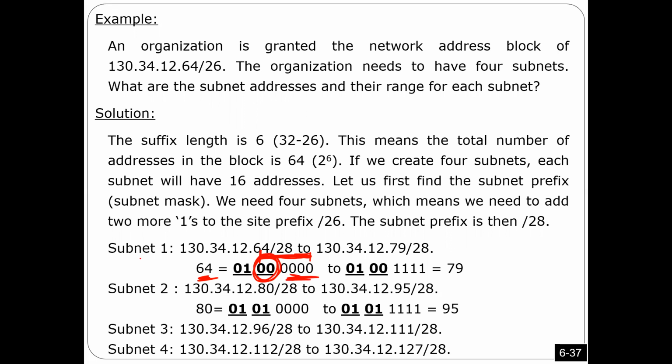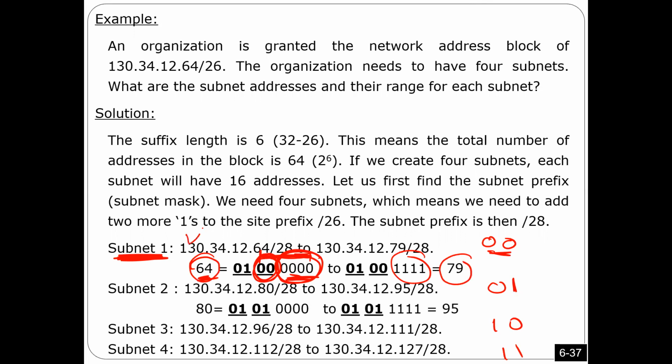For every subnetwork we have 2 bits. In the first subnetwork, the 2 bits are 0, 0. In the second subnetwork, it is number 1, and then number 2, and then number 3. Only 2 bits. For all addresses in this subnetwork, this part is common, 0, 0, and we can change the host ID from 4 zeros to 4 ones. If you do that, you get the range of addresses from 64 up to 79.